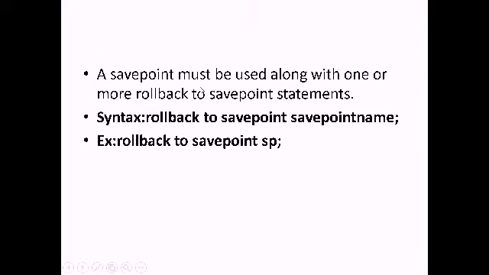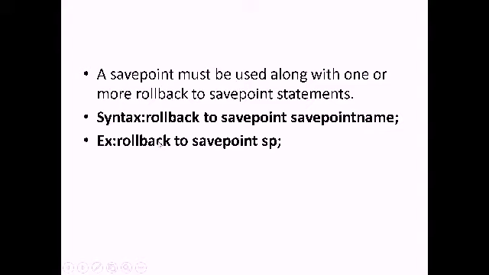Now, a savepoint must be used along with one or more ROLLBACK TO SAVEPOINT statements. Means along with the rollback only we use these savepoints. The syntax for the same is ROLLBACK TO savepoint_name. Means whatever savepoint you have given, to that particular savepoint you can take it back.